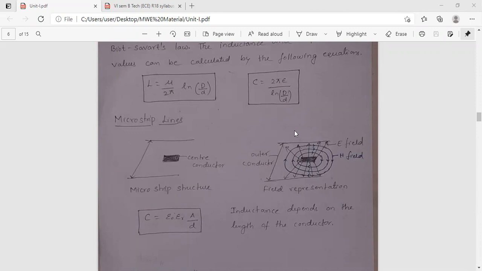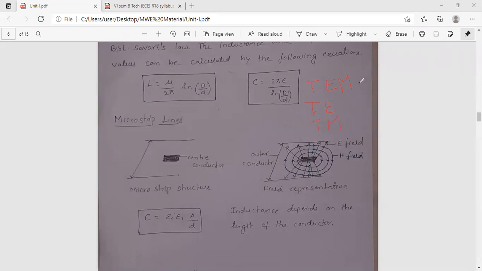Next we'll see about the transmission modes. I told you about TEM, the transverse electromagnetic wave. In the next class we are going to discuss in detail TE. Apart from TEM, we have one more mode of propagation, transverse electric, and one more, transverse magnetic.